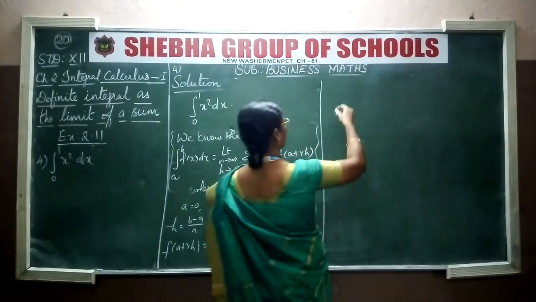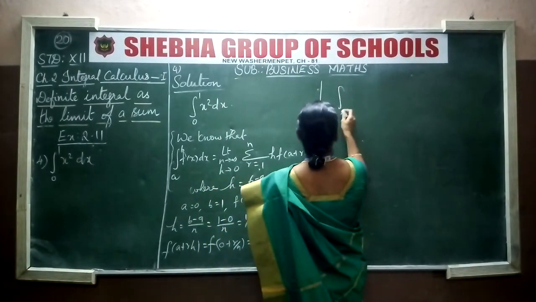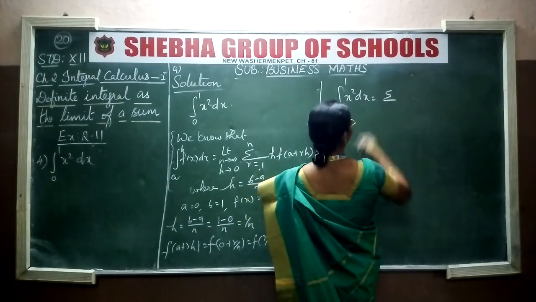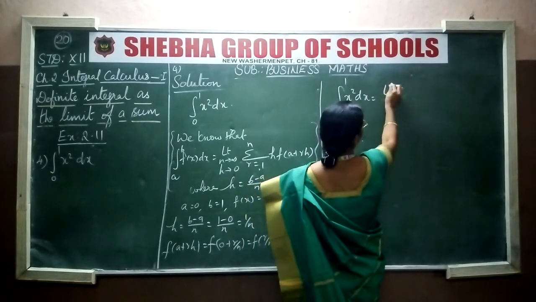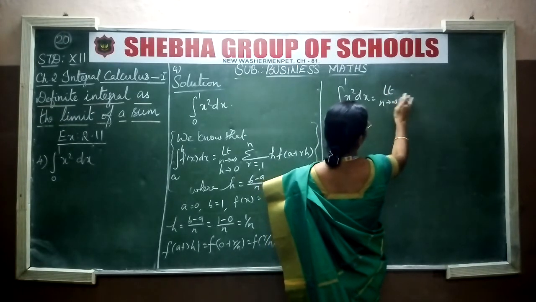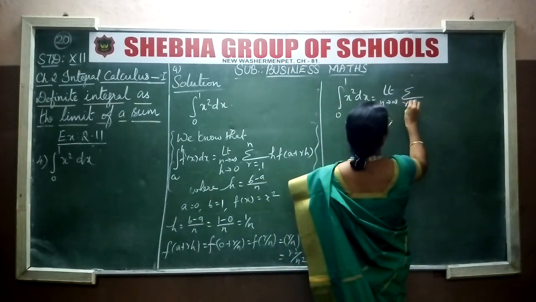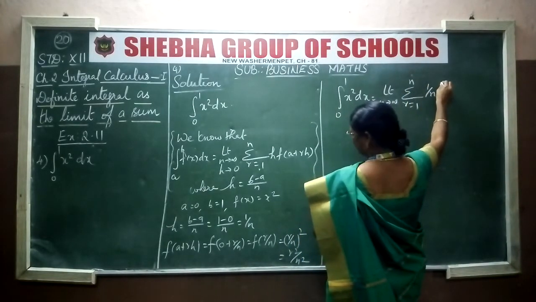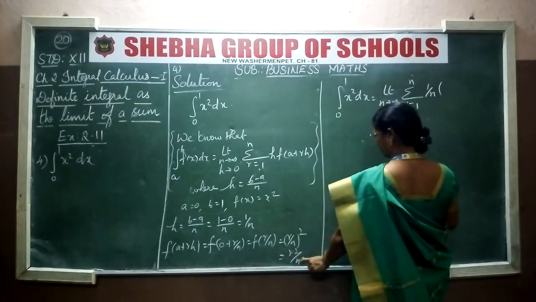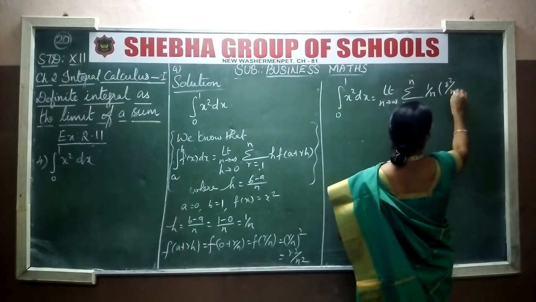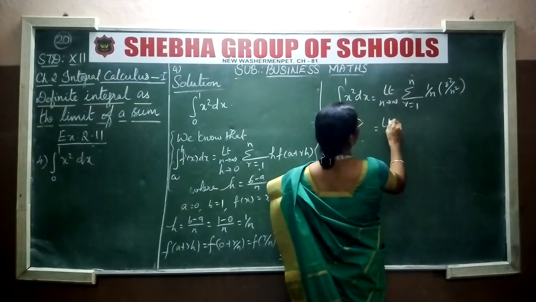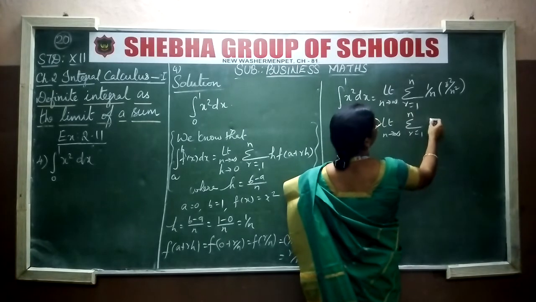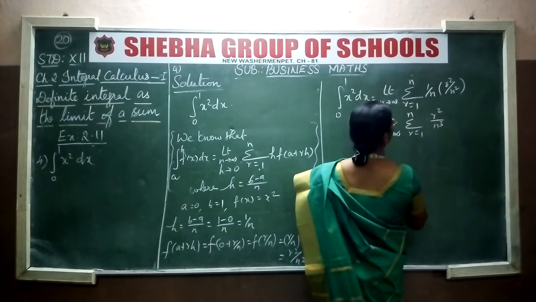Now substituting the formula, we get integral 0 to 1 x square into dx equal to limit n tends to infinity sigma r equal to 1 to n, h is what? 1 by n into f of a plus rh, which is r square by n square. So we get limit n tends to infinity sigma r equal to 1 to n r square by n cube.